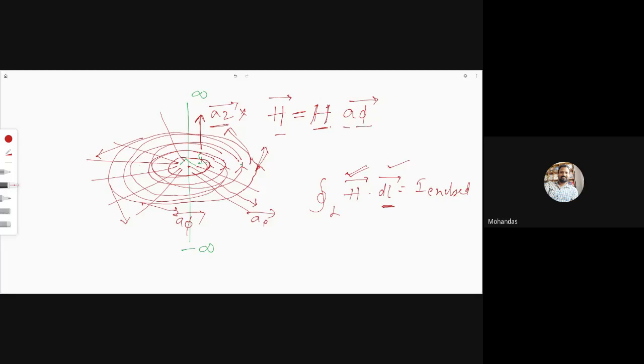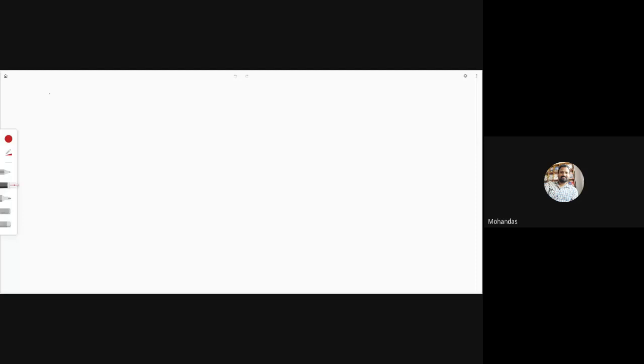Let us take another example, not this straight conductor. If I take a circular conductor, imagine it is a circular conductor which carries a current I in anti-clockwise direction.